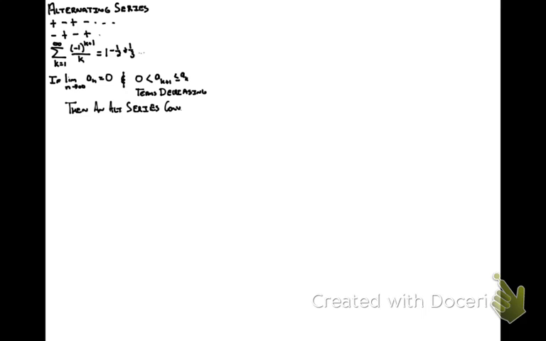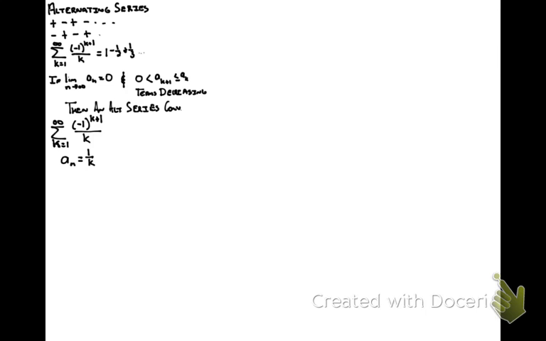So if we go back to our example and consider it, the sum of the series from k equals 1 to infinity of negative 1 to the k plus 1 power over k. A sub n in this case is 1 over k.